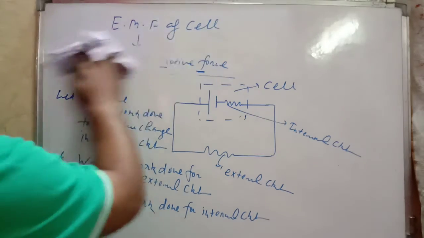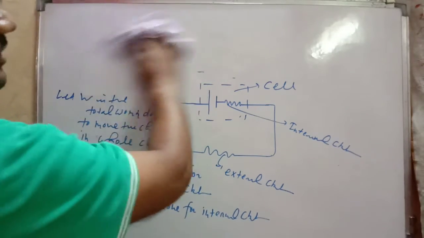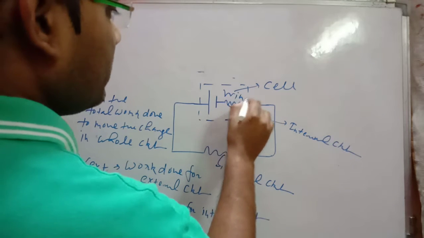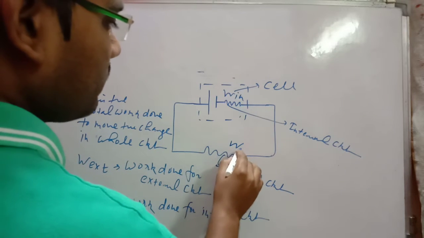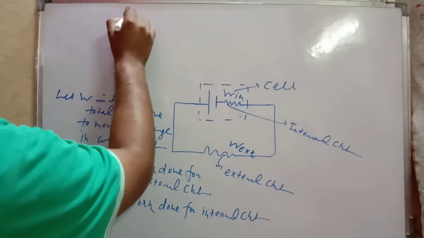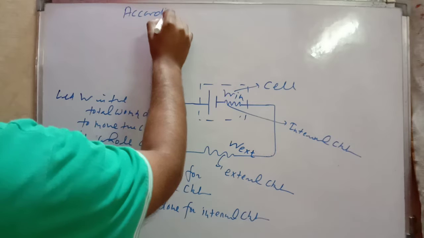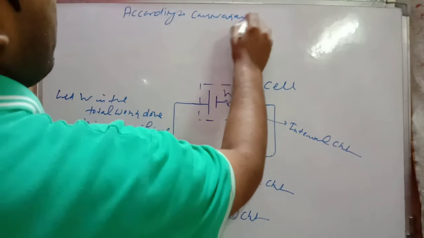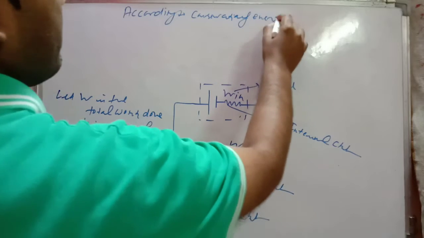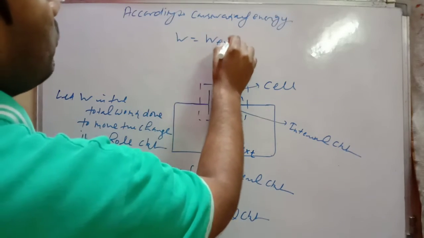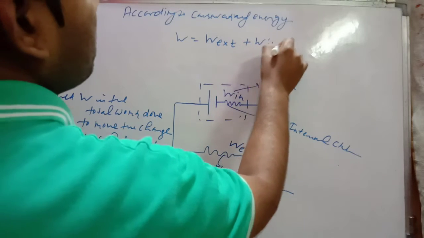Then according to conservation of energy, W is equal to Wext plus Win.